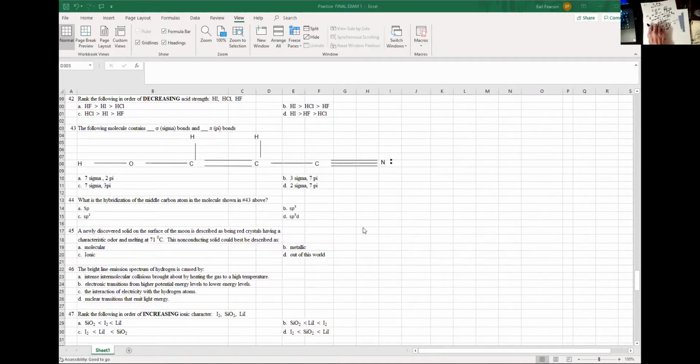Now, is it metallic? Well, it could be metallic because we have a liquid metal, mercury, and we've got other metals that melt easily. They usually tell everybody that mercury is a liquid. You can hold it in your hand. It's not a good thing to do because it's toxic, but you could. Gallium will melt in your hand.